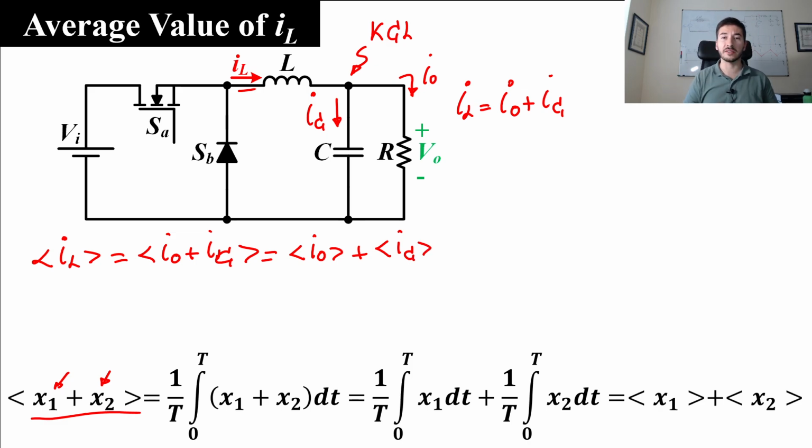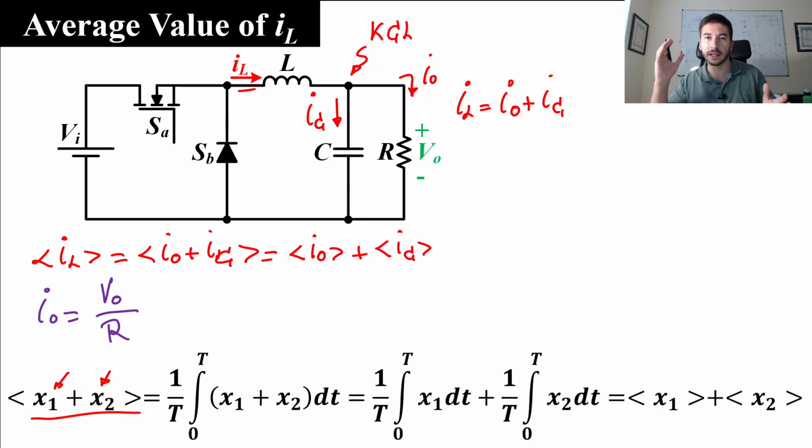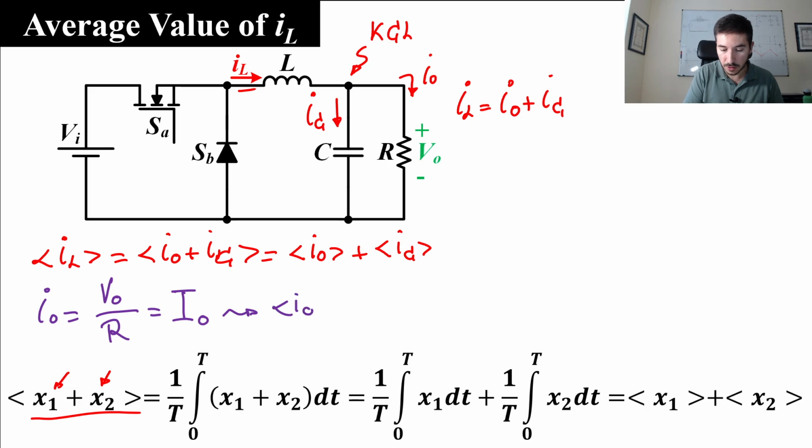And now we are going to take into account something that we already explained in the previous video. The output current is VO over the output resistor, the resistor that models the load and that we connect at the output. Both values are constant. VO is constant, R is constant. So the output current is constant, capital I-O. In this way, we can say that the average value of I-O is directly I-O.